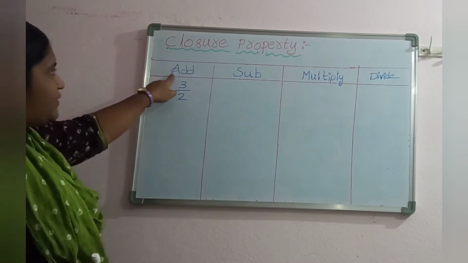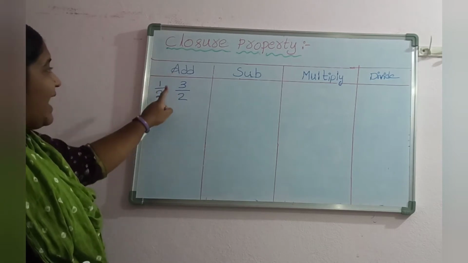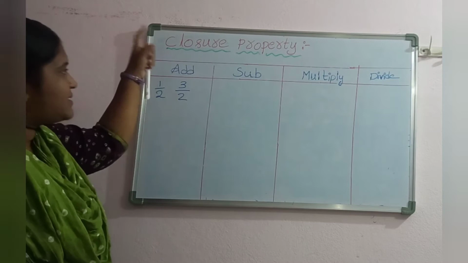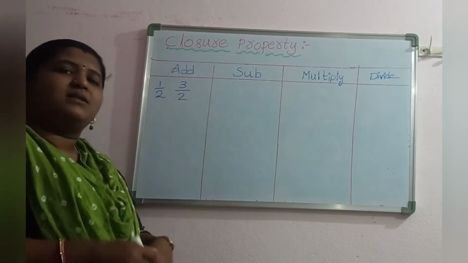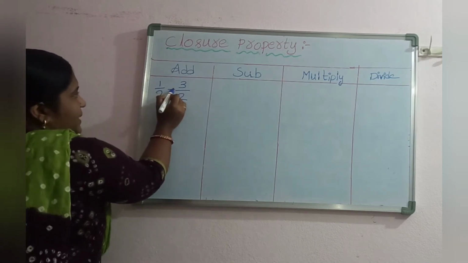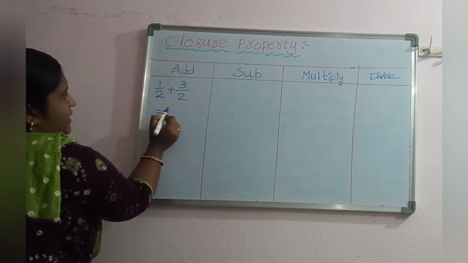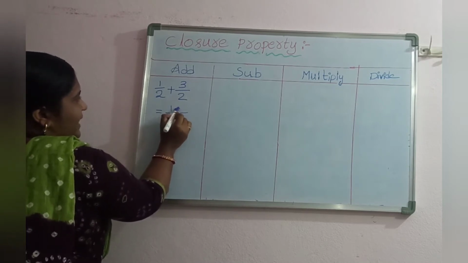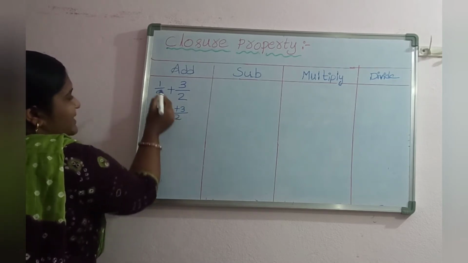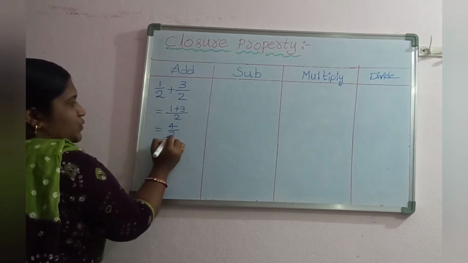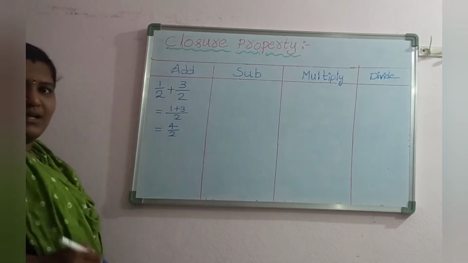In this property, adding these two rational numbers, we must get an answer that is also a rational number. Let's see. 1/2 plus 3/2 is equal to, the denominator is the same, so we can write by directly adding the numerators, 1 plus 3, we will get 4 by 2, which is also a rational number.